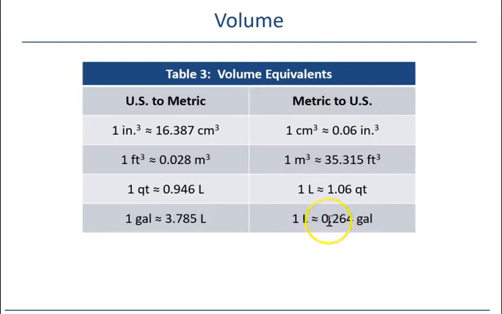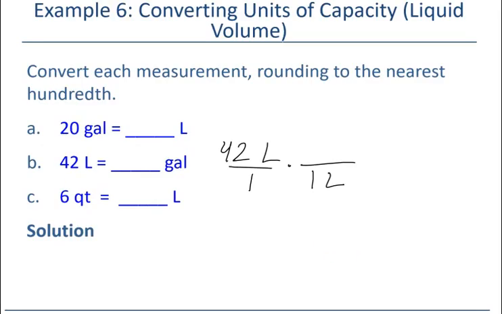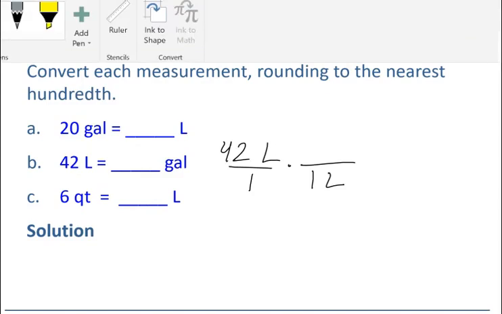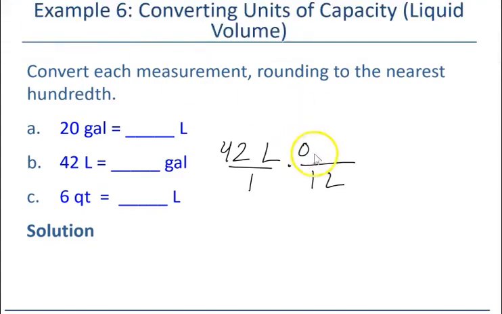Well, a liter is 0.264 gallons. Once again, just like before, everything crosses out, and then we're going to end up getting, let's do this on my calculator, 11.09 gallons.